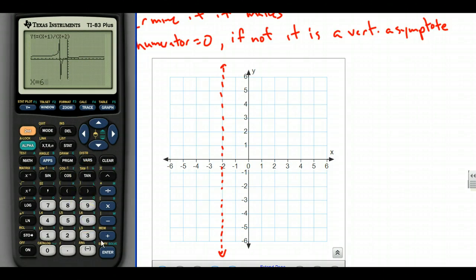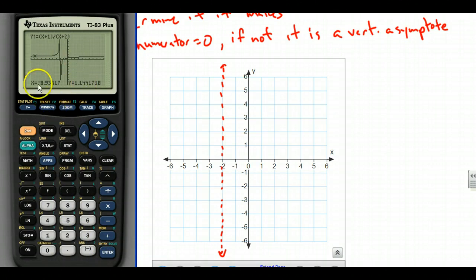I'll hit 6 just to kind of move us over here. And then as I move to the right, notice it gets closer and closer to 1, to y equals 1. And if I go to negative 8 and go to the left, it's getting closer and closer to 1.